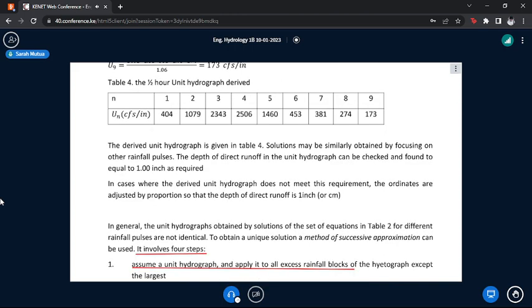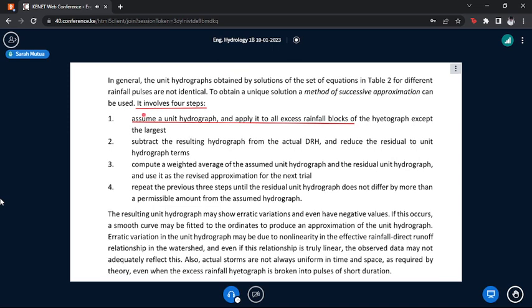So that is one. So in order to obtain a unit hydrograph, you assume a unit hydrograph and apply it to excess rainfall blocks. Then subtract the resulting hydrograph from the actual direct runoff hydrograph.